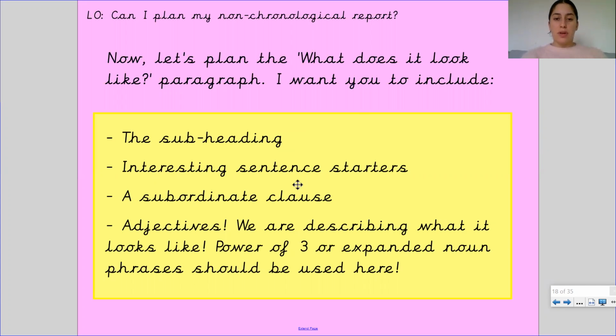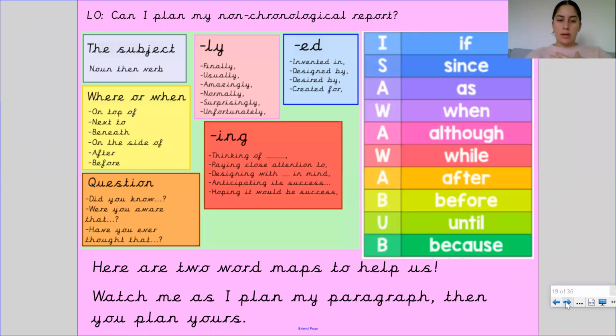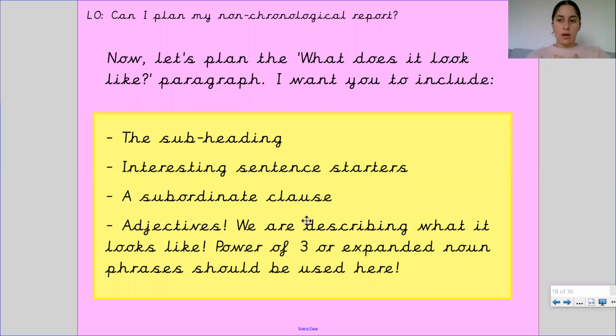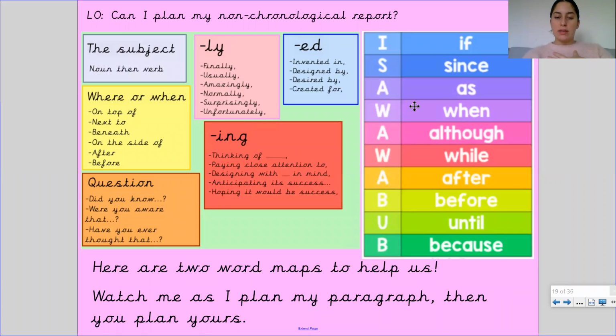So let's look at what this will look like in my plan. Okay, let's look at our sentence starters because we are expected to use interesting sentence starters. And also let's look at some subordinating conjunctions to help us create more complex sentences.